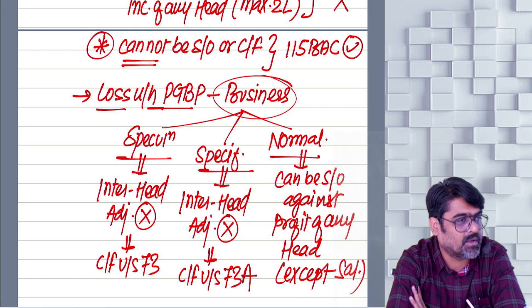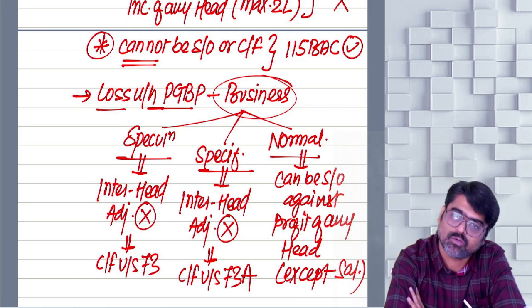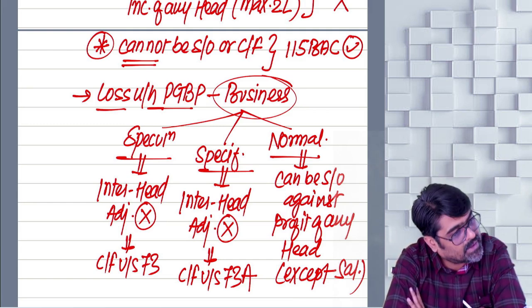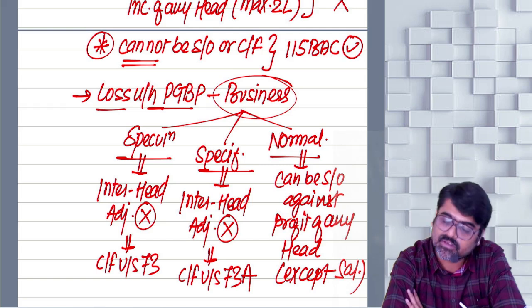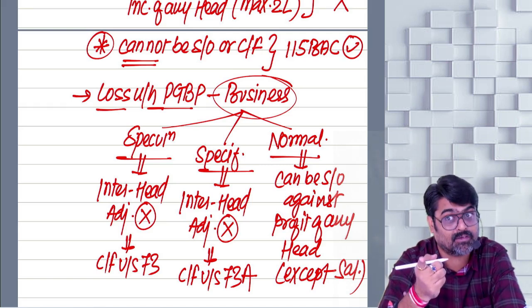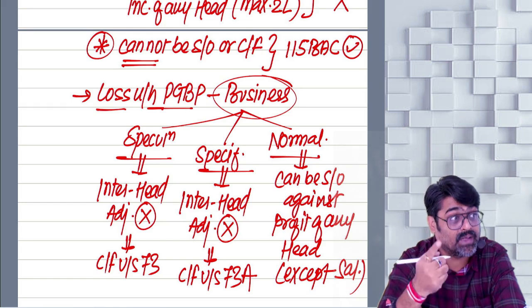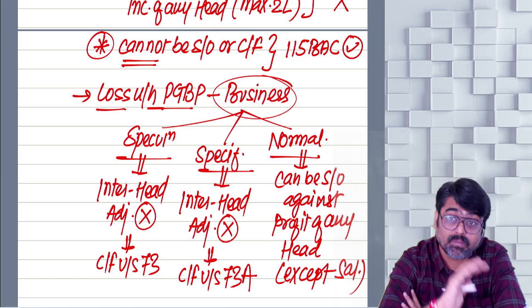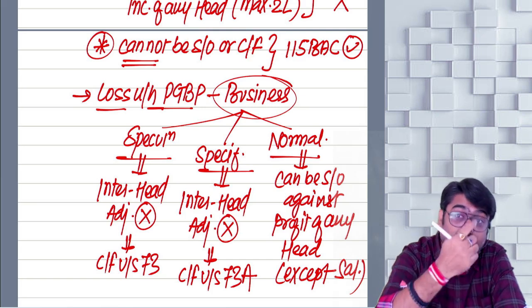It cannot be set off against the salary head. So your business loss can be set off against house property income? Yes. Against capital gains income? Yes. Against IFOS income? Yes, but not against winnings, because from winnings no loss can be set off. Do you remember that? But your business loss you cannot set off against the salary head.